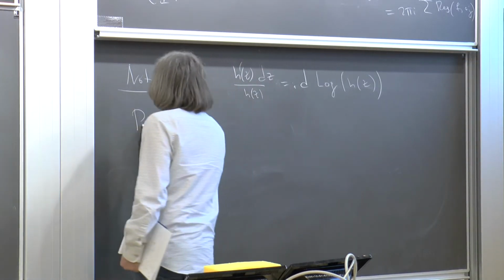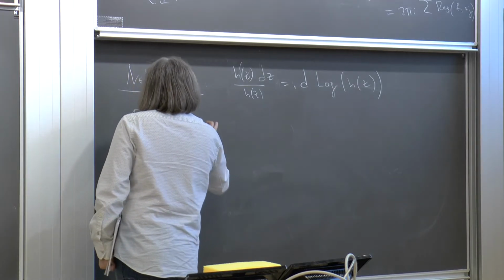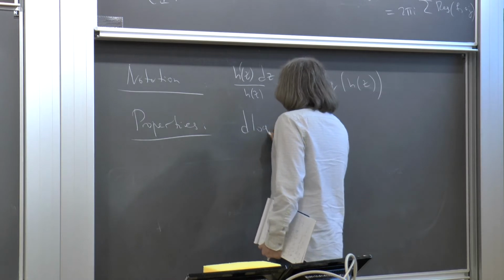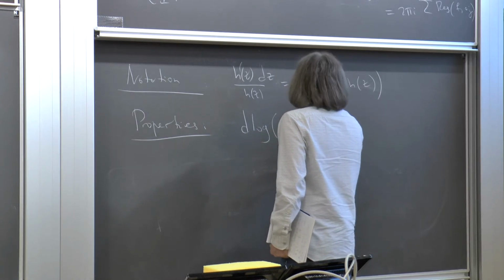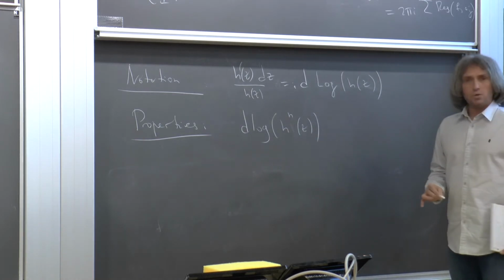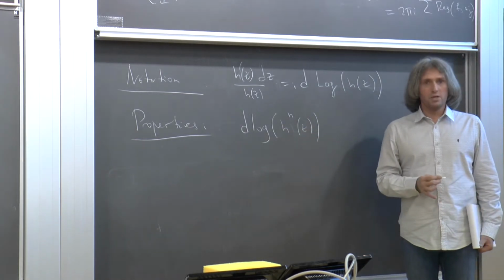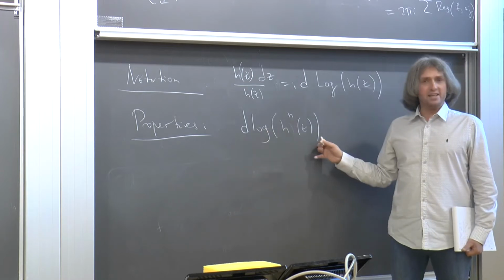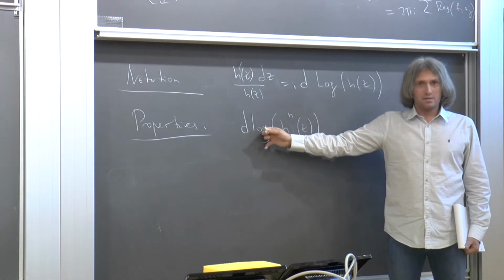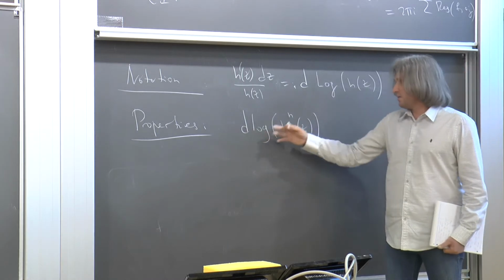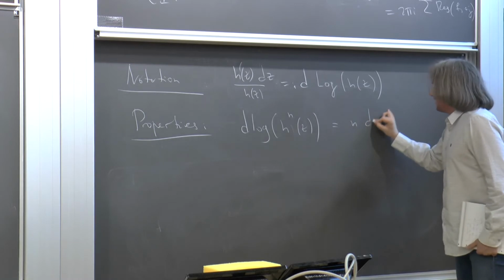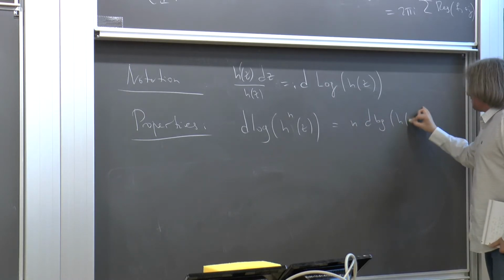So properties: d log of h to the n of z. What would you expect this to be if log were defined? Of course, the log of any power is n times log. Even though log is not defined and we're talking about just this expression, you can calculate that this is n d log of h of z.